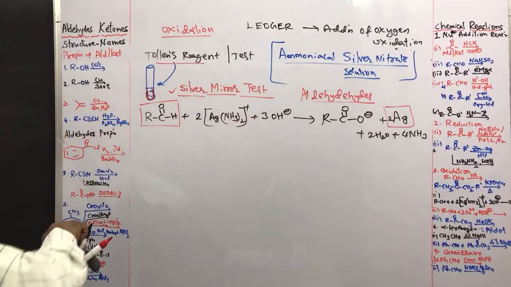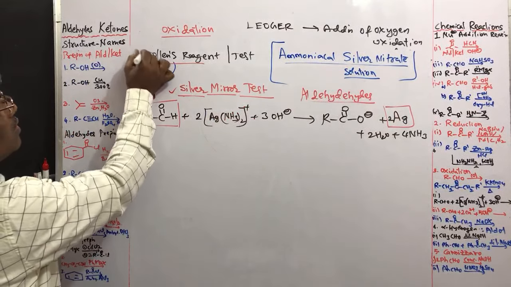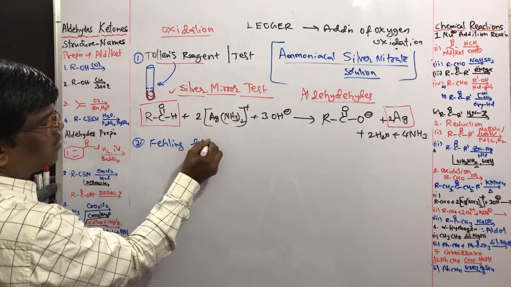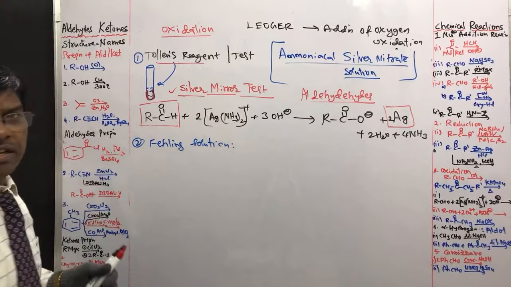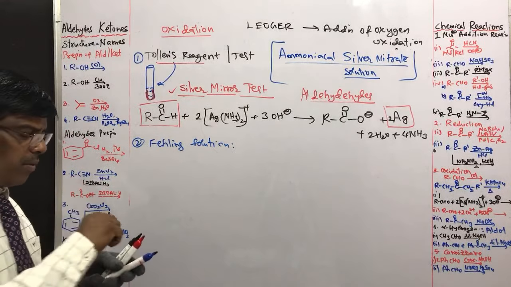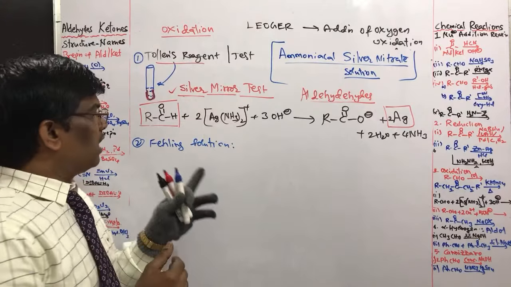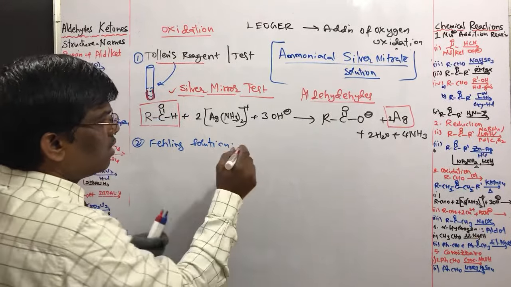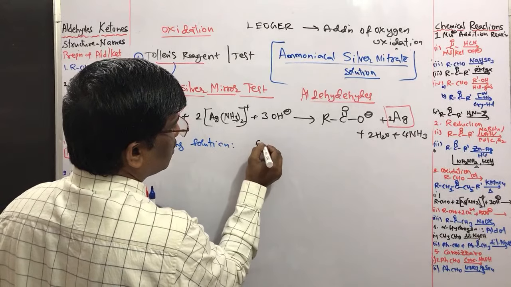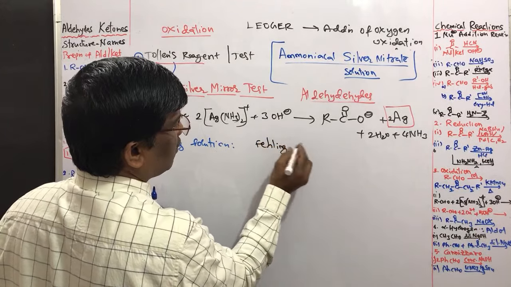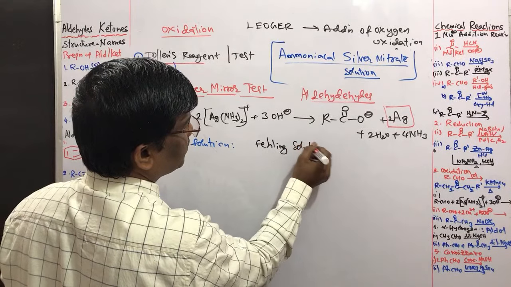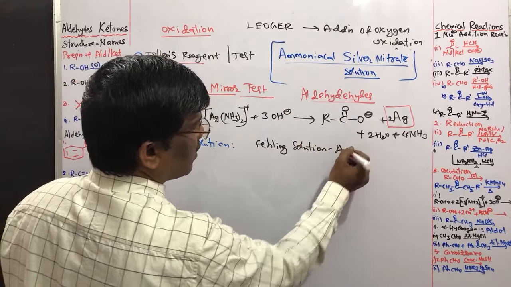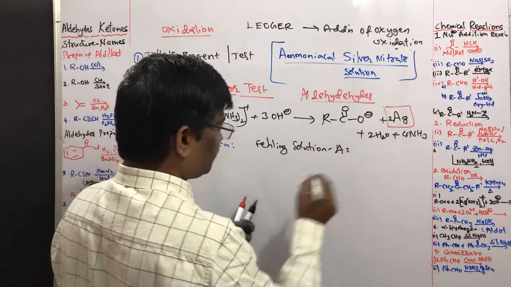Next, Fehling's solution. You will get 2 solutions separately and you have to mix them before testing the aldehyde, same way. Fehling's solution A, in the laboratory you will get Fehling's solution A. It is an aqueous solution of copper sulfate.